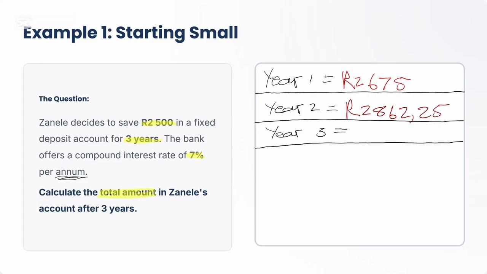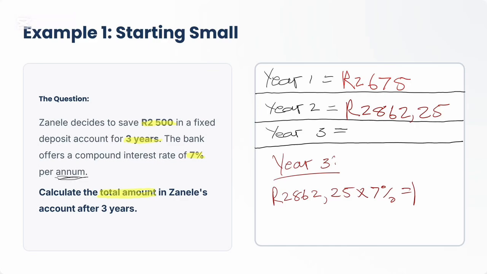So now we're going to take the amount we accumulated for year 2 and calculate for year 3. We're going to take 2,862.25 and multiply it by 7% once again.